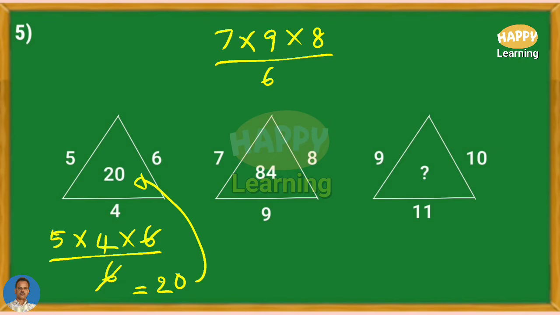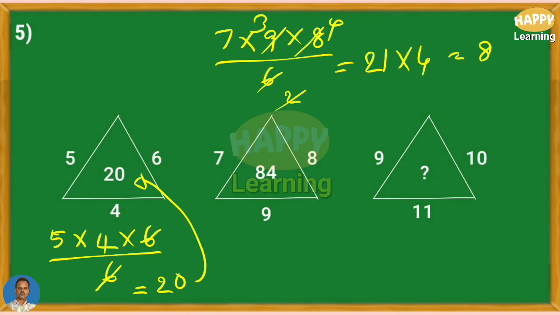then 3 3s are 9, 3 2s are 6, 2 4s are 8. So this is equal to 21 into 4, that is equal to 84. So this is matching.